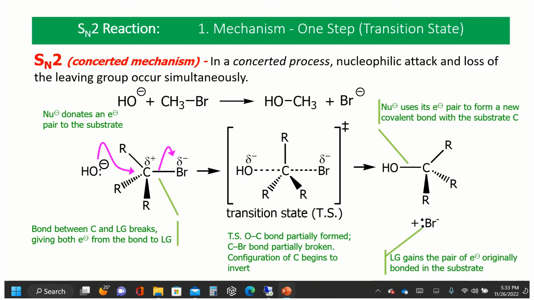So in the transition state, we saw the O-C bond being formed and the C-Br bond being broken, and the result is a new carbon-oxygen bond, or carbon-nucleophile bond, and we release our leaving group.